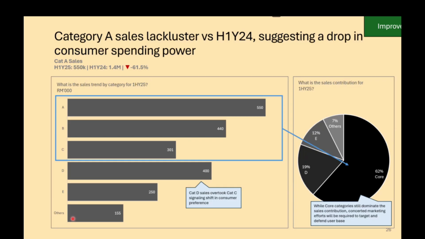They would normally have grayscale. The core, which is the ABC, will be black. And then it will get grayer and grayer as it progresses down the scale. Okay, so this is how I would use color.